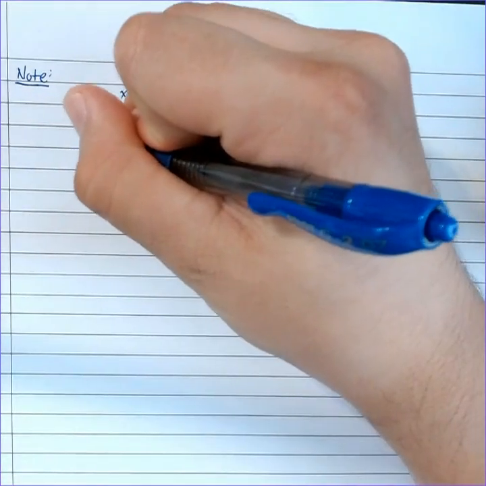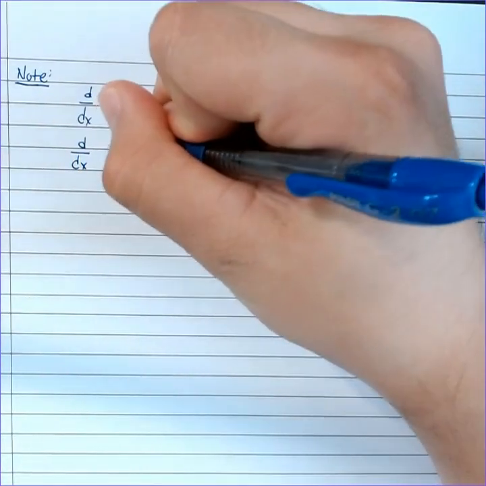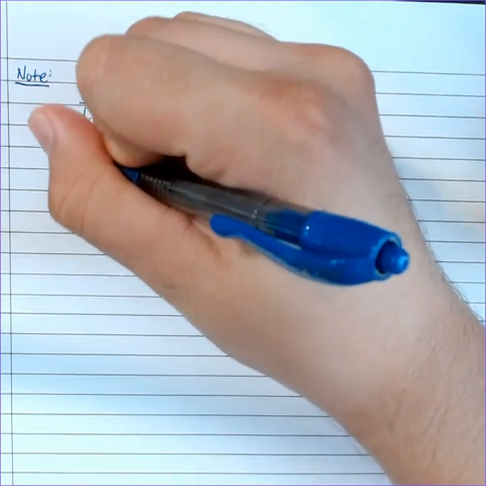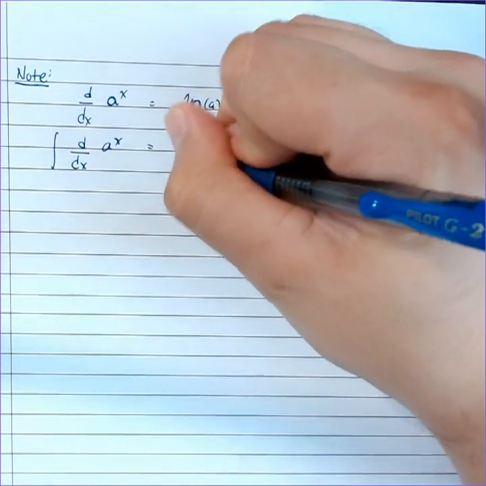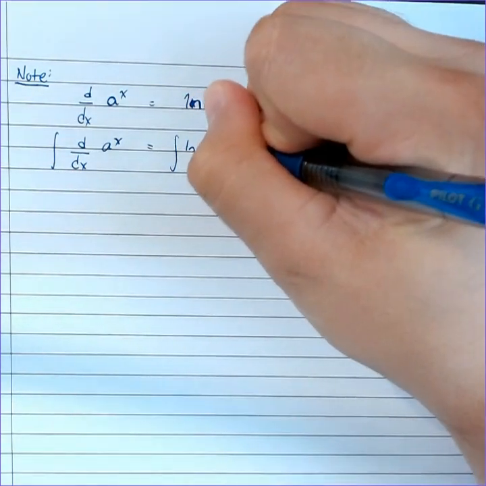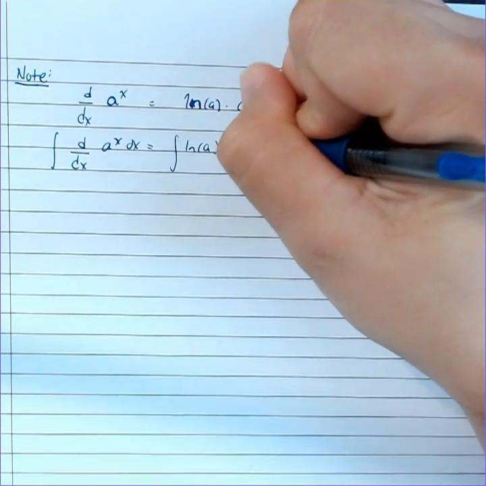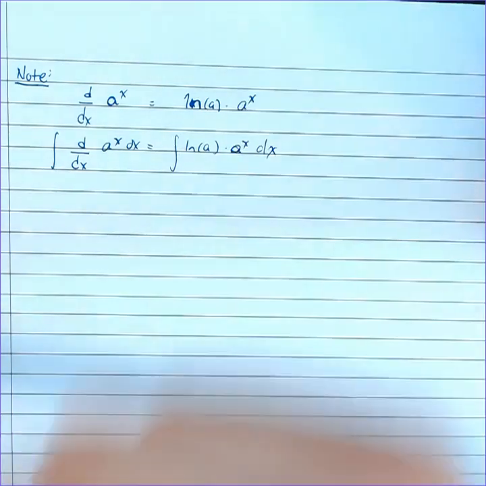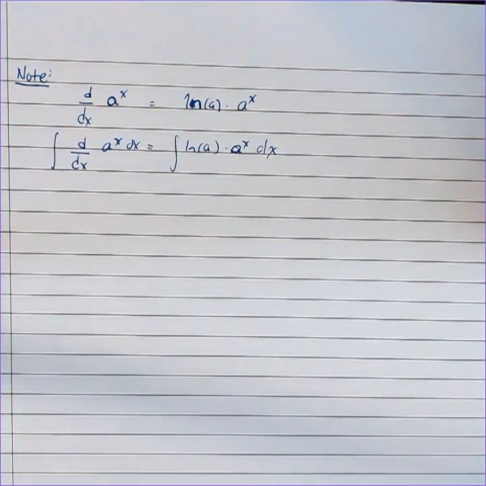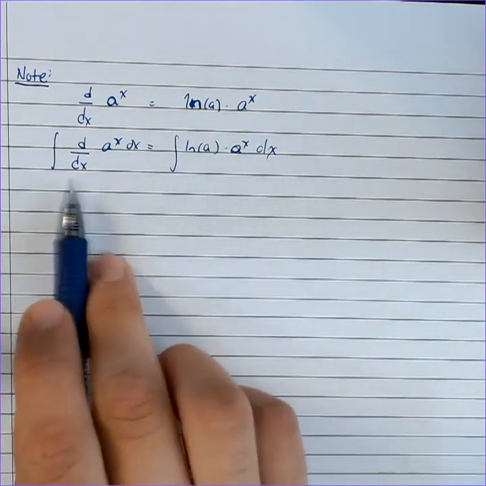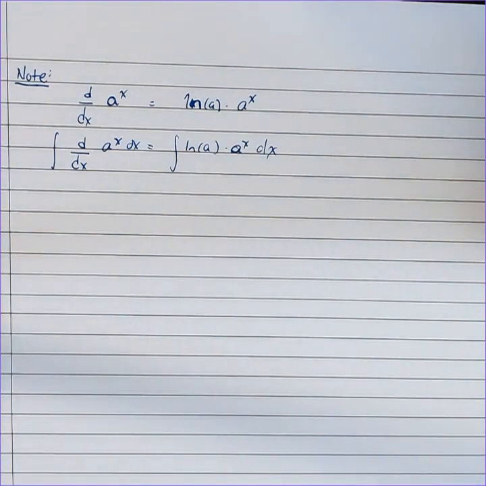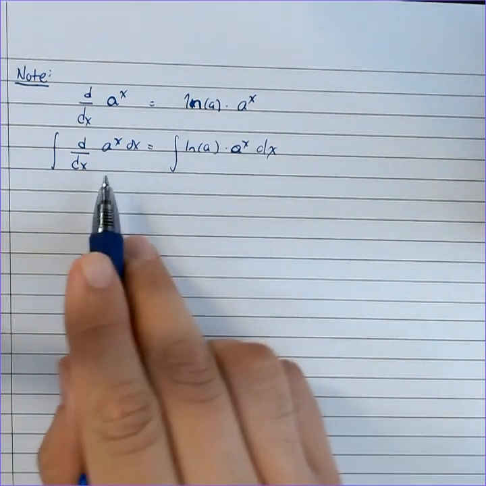So here I could say, well, the derivative, take the antiderivative, is equal to the antiderivative of this other stuff. Just like that. So if these two things are equal to each other, well, their antiderivatives will also be equal to each other.